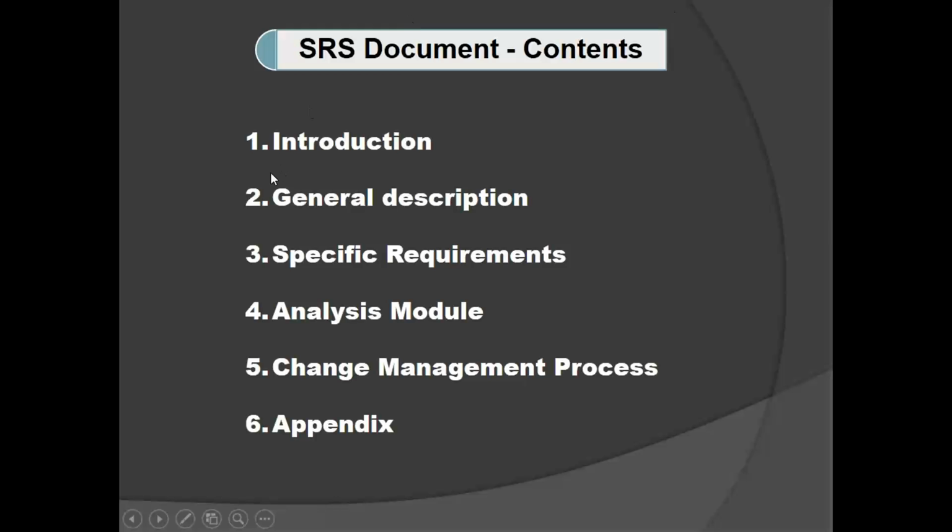So under general description, we are going to explain the factors, that is general factors, which are going to influence the development and implementation of a project. So here we are going to explain only the general factors, not any other factors. Okay.